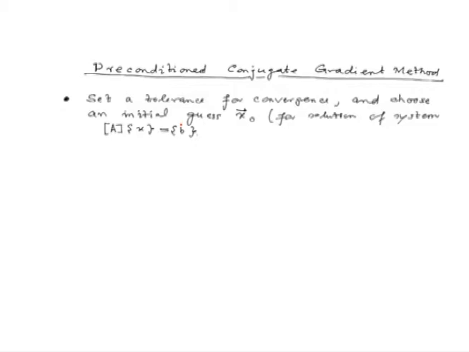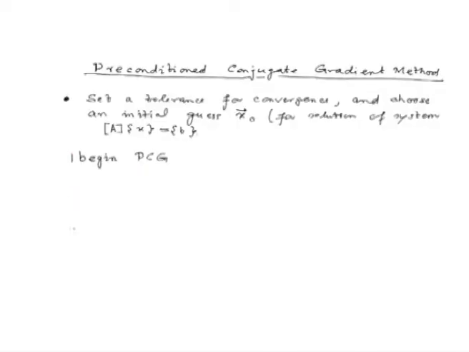So now let us write it in a pseudo code or algorithmic form. Suppose we begin our subroutine, begin PCG. What we need to first do is, given our initial guess x0, compute the initial residual.